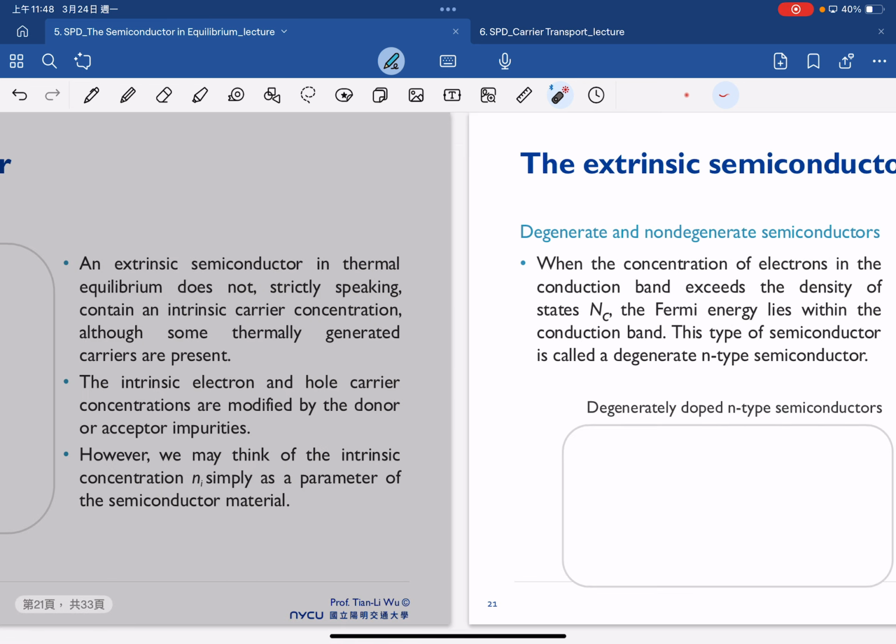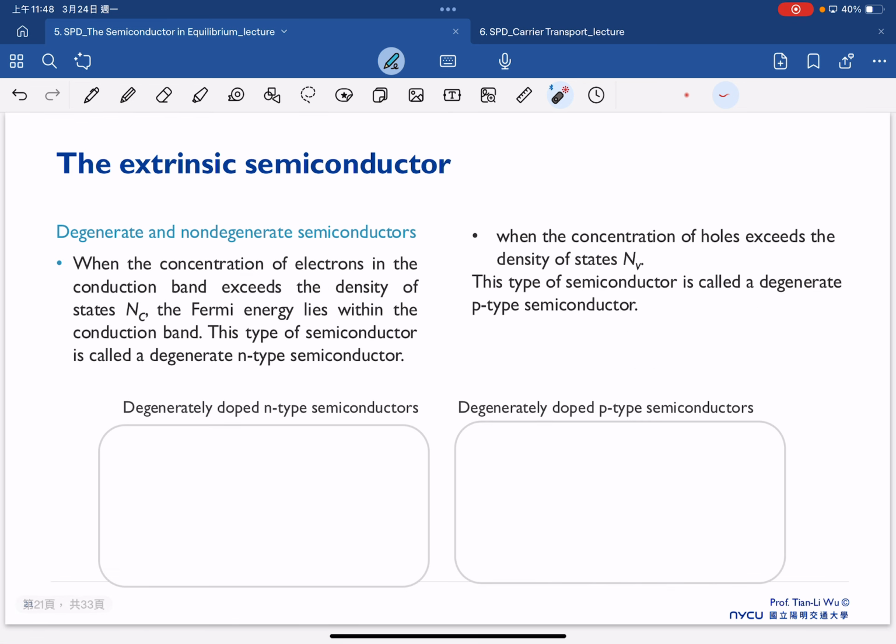So in the previous case, what we mainly talked about is that your EF is below your conduction band. But in reality, it is also possible that your EF is above your conduction band. So everything is possible, especially the EF can also be above the conduction band.